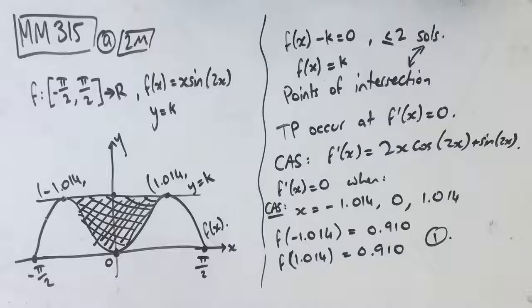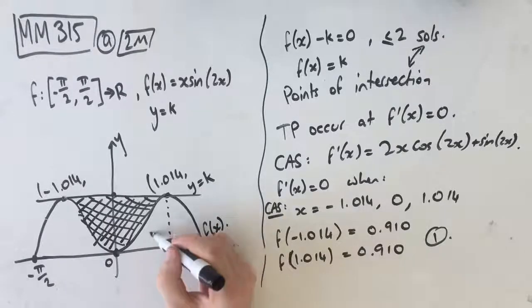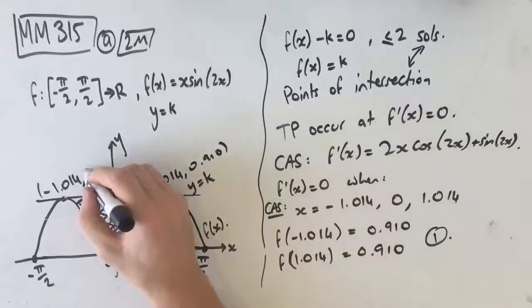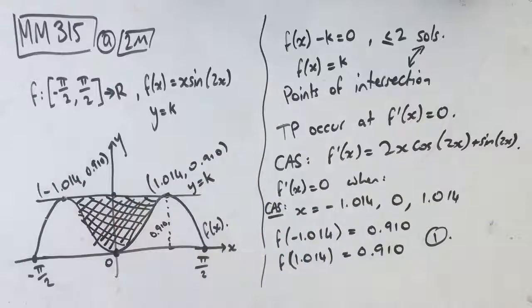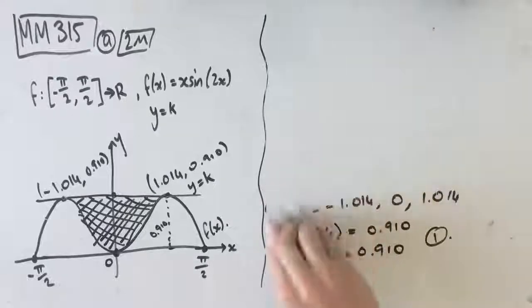So that means that this distance here is 0.910. Right? Because this is 0.910 there, and this is 0.910 there. Awesome. So we know that when k is equal to 0.910, it has 2 solutions, 2 points of intersection, right? But we also want the range of k when there is less than 2, all right?